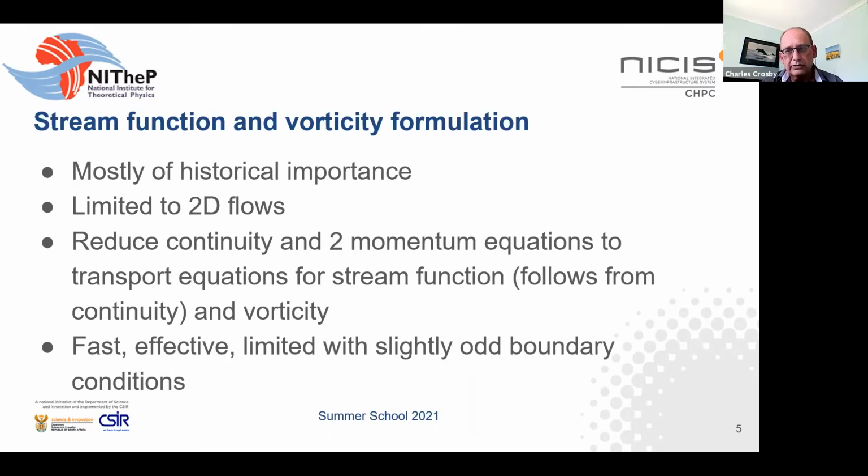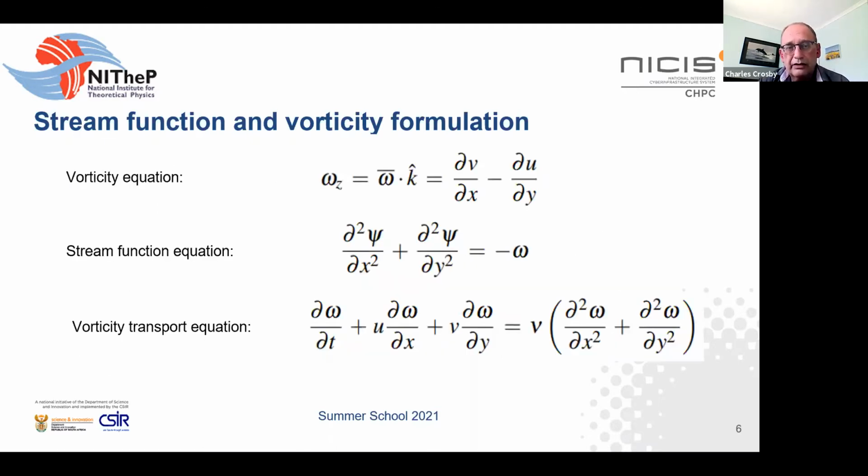But it was widely used in the early days of CFD because you effectively coupled it by combining two of the equations through the introduction of two additional concepts, which are the stream function and the vorticity. So basically, vorticity is related to viscous shear, and stream function is related basically to your conservation of mass.